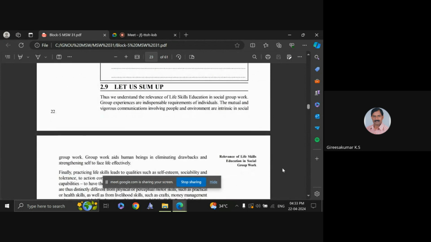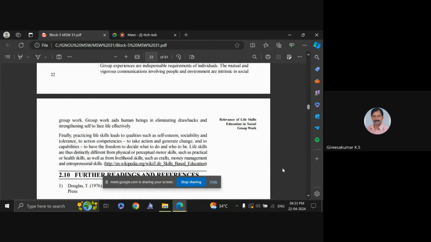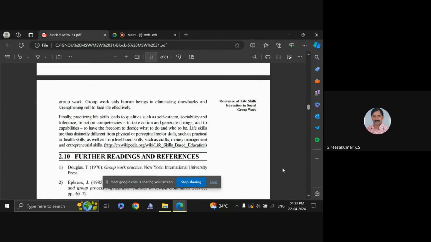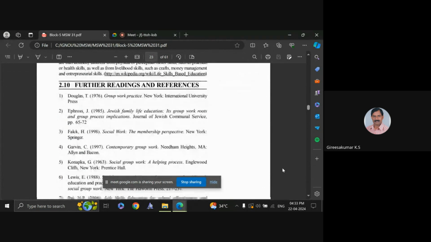Thus, allowance of life skill training, or group social work is understood or finished.